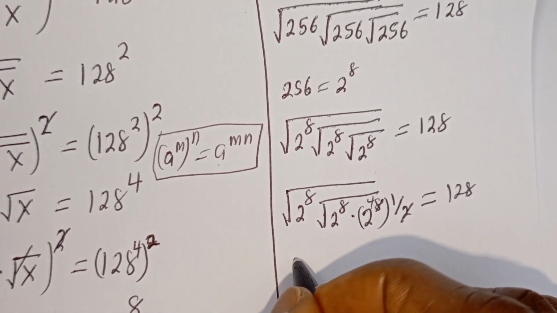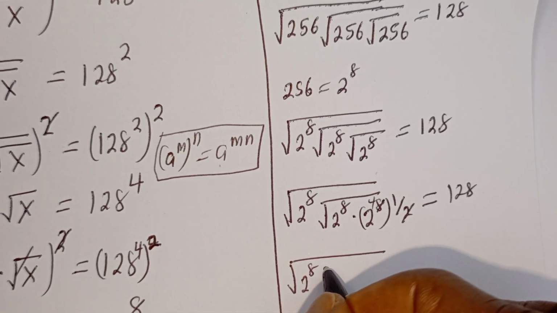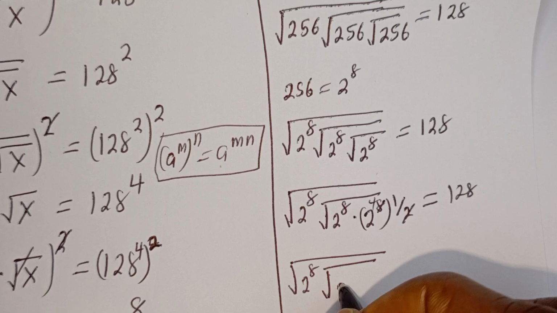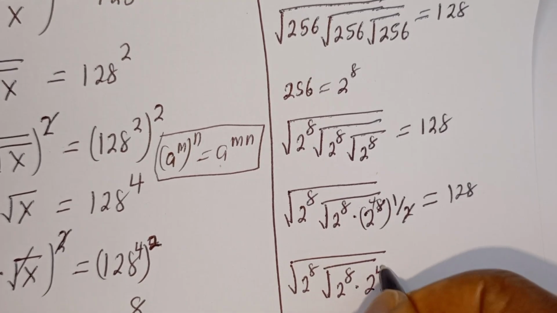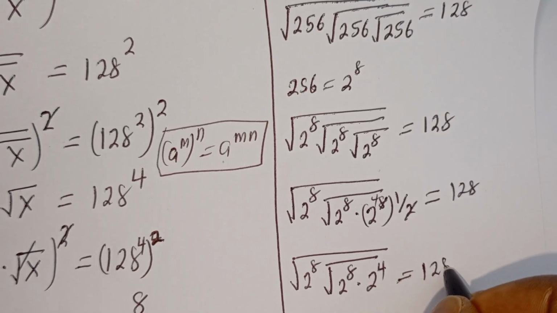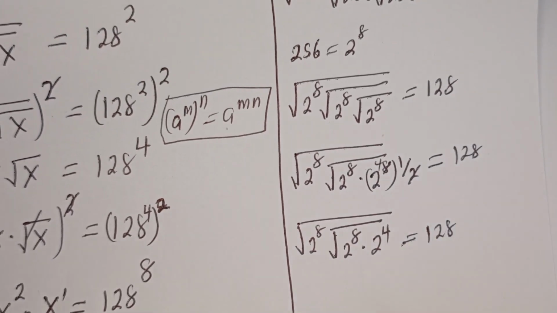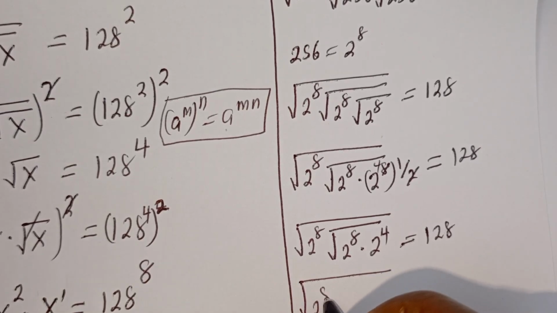Then we have square root of 2 to the power of 8, square root of 2 to the power of 8 multiplied by 2 to the power of 4 is equal to 128. Then this is square root of 2 to the power of 8.